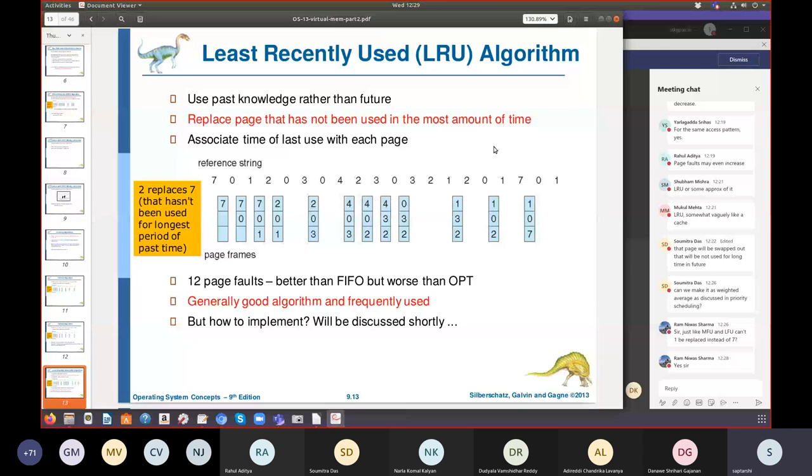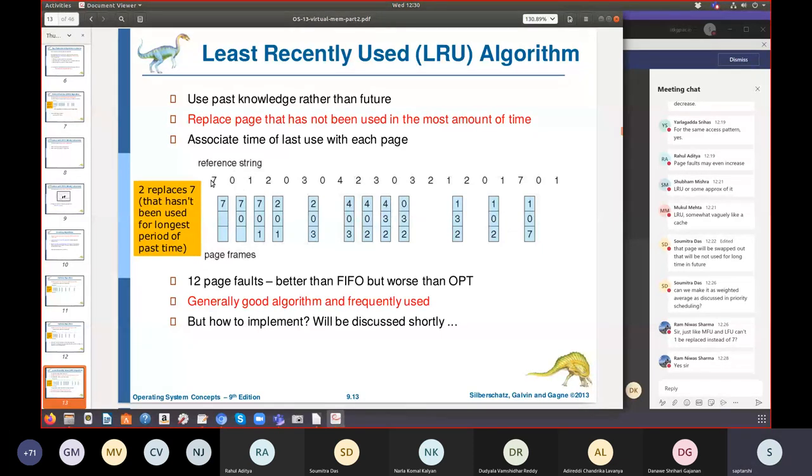So one thing we understand is that you have to associate the time of last use with each page. For every page, it should be remembered when the page was last accessed. Again, if we take the reference string, now we use least recently used. 7, 0, 1 fit in the memory, fine, but then 2 comes, so it has to replace one page. Which one should it replace? It should replace 7 again, but for a different reason. Now it replaces 7 because 0 and 1 have been used recently, but 7 has not been used recently.